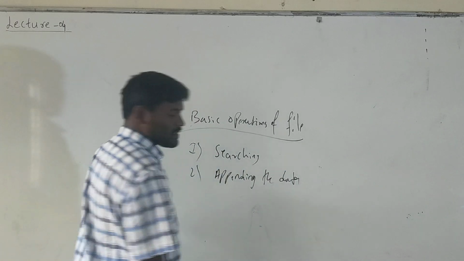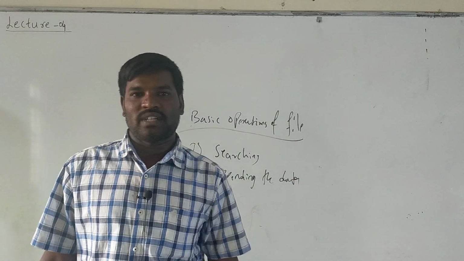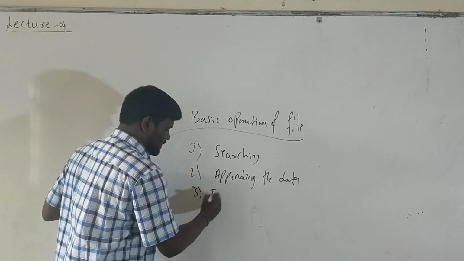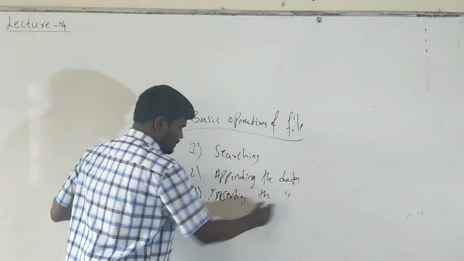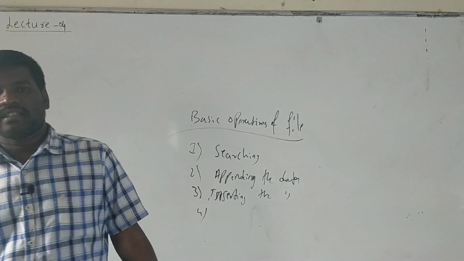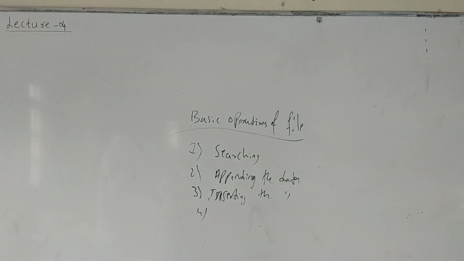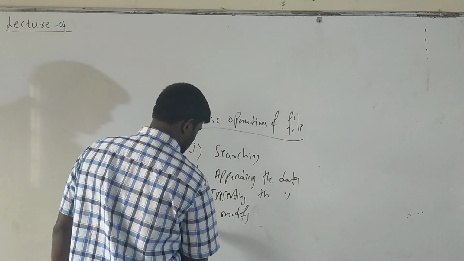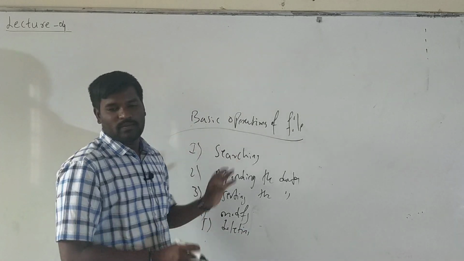Appending means adding new content into the existing file. Another one is inserting the data. You can add extra content or add text into the file. And finally, modifying or deleting. So these five are the operations of file.